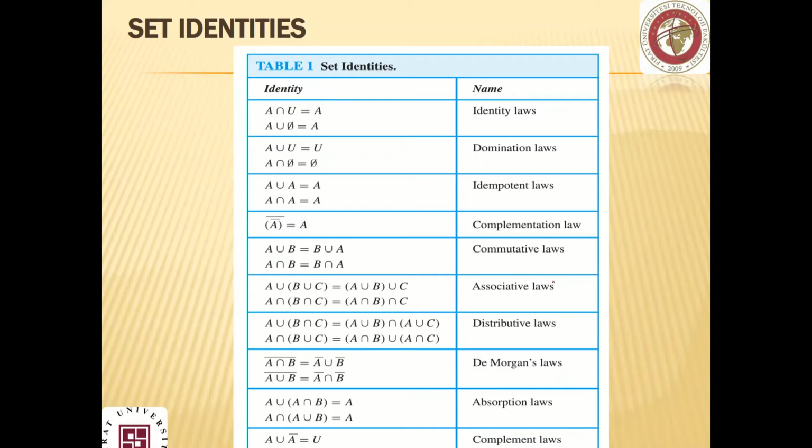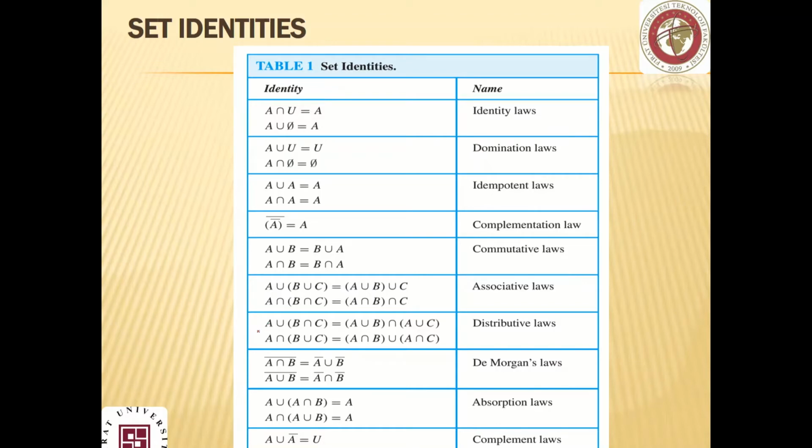We have the associativity laws. You guys are familiar. It is like which one comes first. If we have A, then the union of B and C, it can also be said as A union B, then union C. That's possible. The same goes for intersection. We have the distributive laws. For the distributive laws, we have two types.